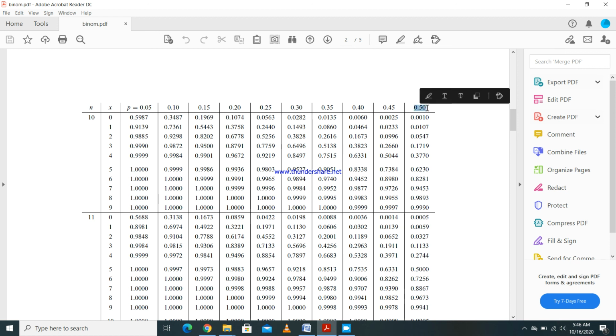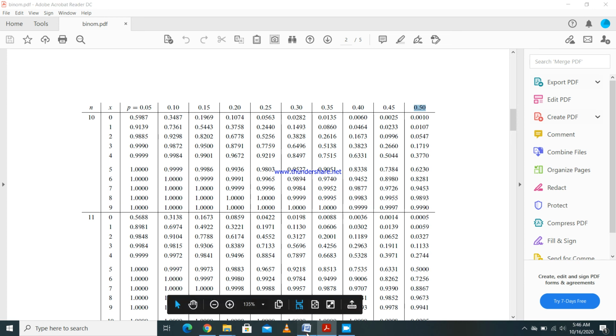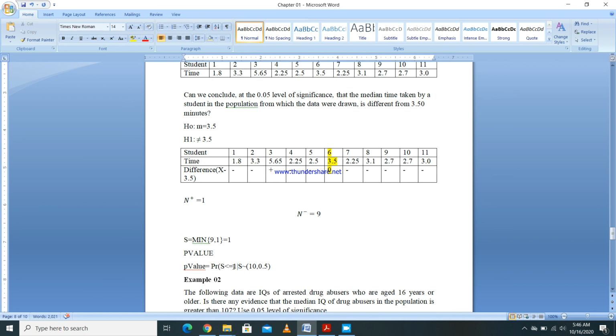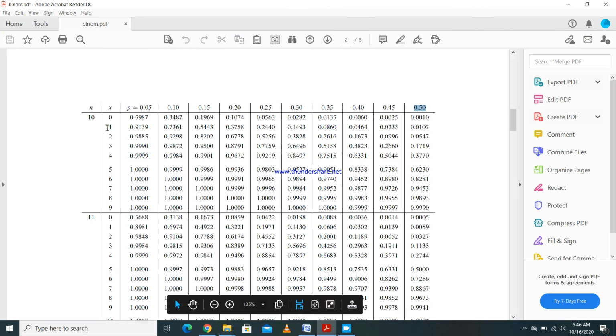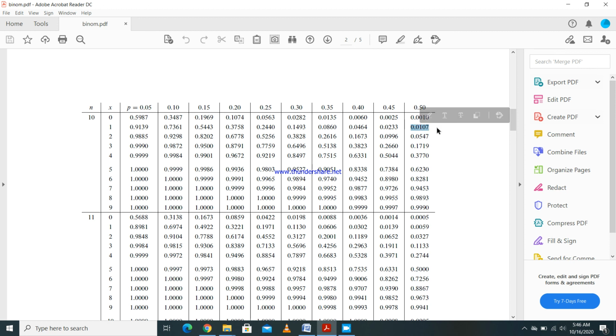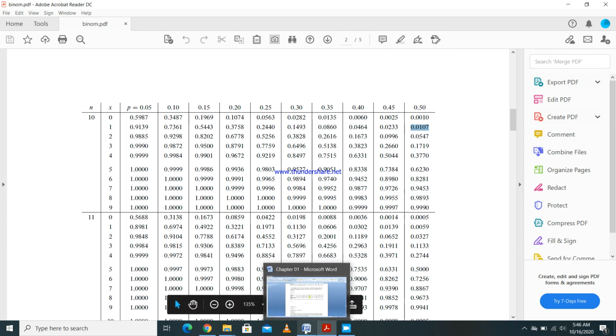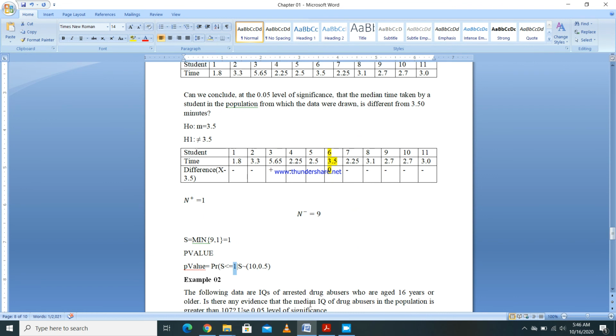So here our probability of success is 0.5, and the x value, that is the observed value of our test statistic, is 1. So you have to read 1 from here, right? So the corresponding probability value is 0.0107. So you have to take that one when you calculate the p-value.